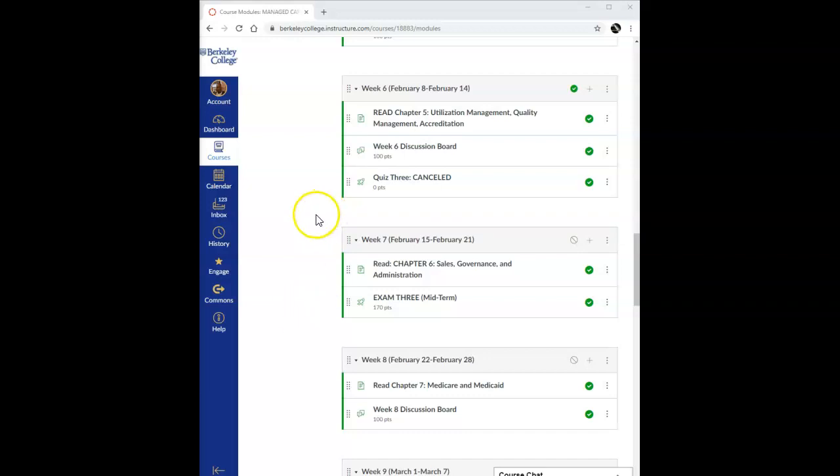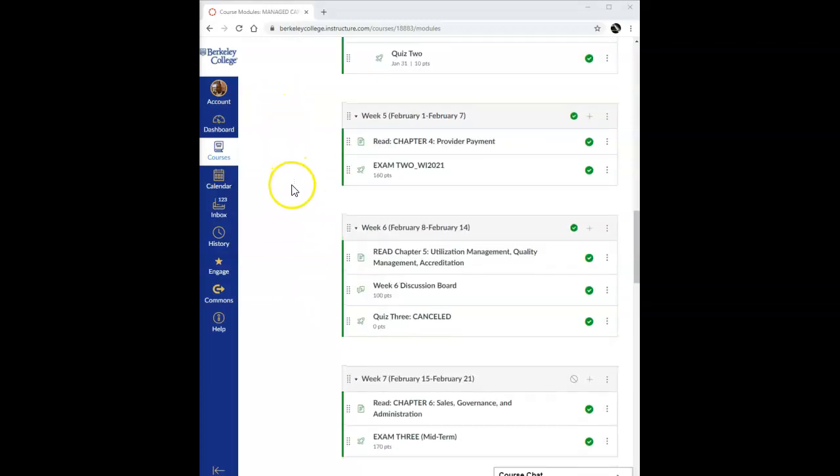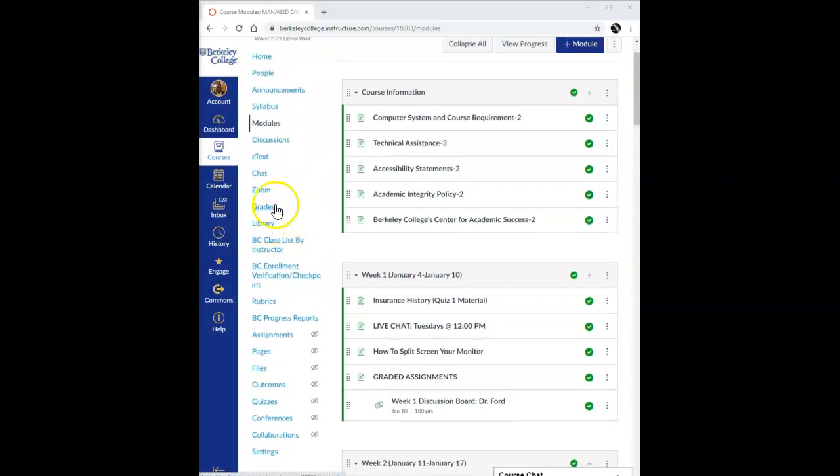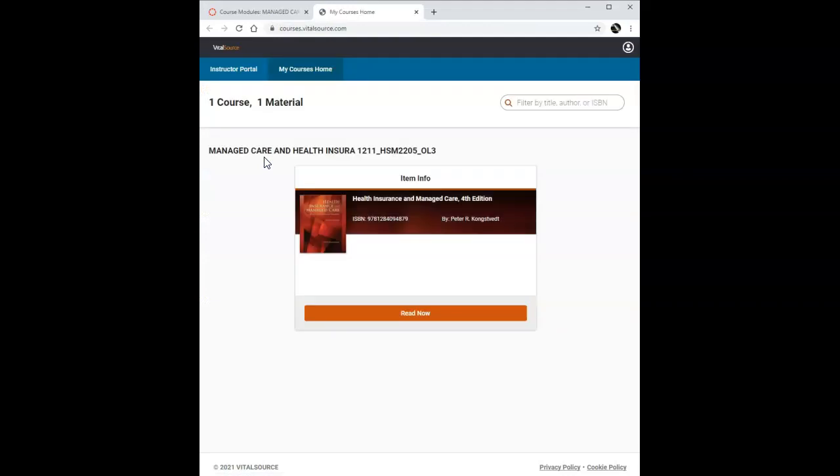So let's see, if I simply did this and I went to, where are we? I might have moved it. Yep, moved it up here. Going to the e-text. Read now.